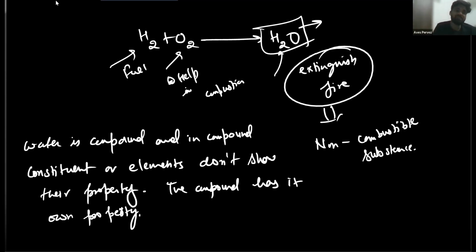But in a physical change, for example, let's suppose you added some poison to some food. Then when you eat it, it will become poisonous, and a person can easily die, because now it is a mixture.